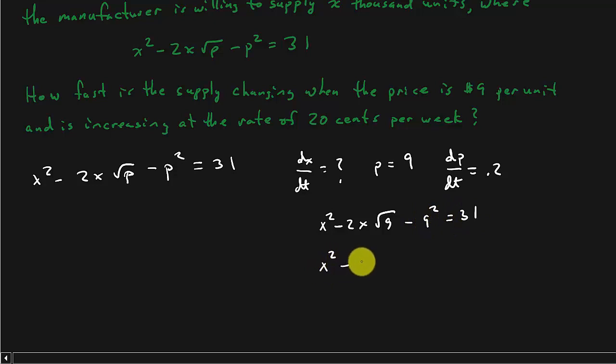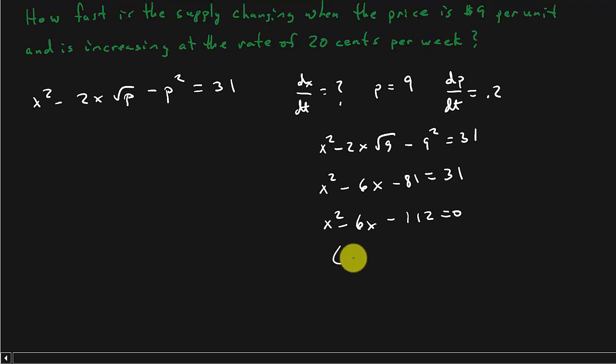So x squared minus 6x minus 81 equals 31. So x squared minus 6x minus 112 equals 0.